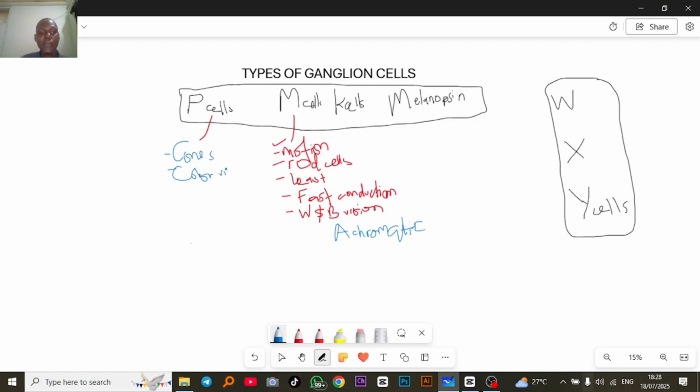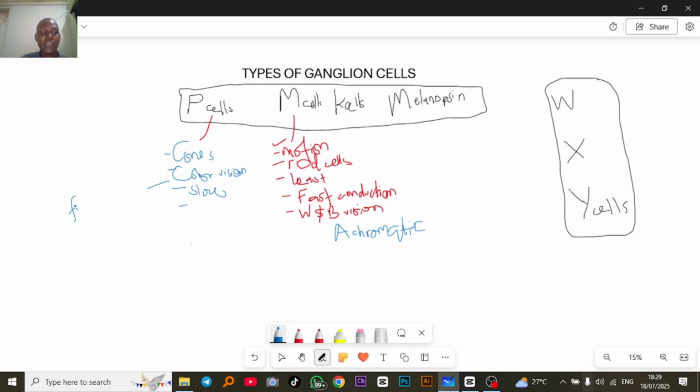So they carry information concerning color vision. However, their conduction is slow. The other thing is that we know that cones are concerned with color vision and fine details. You get color vision and fine details.